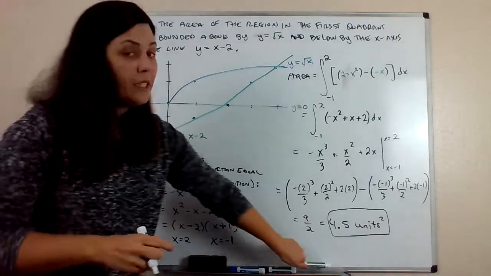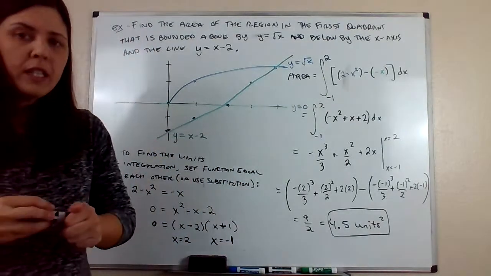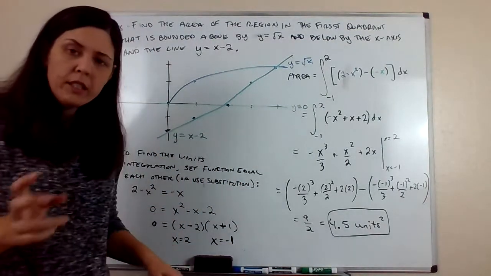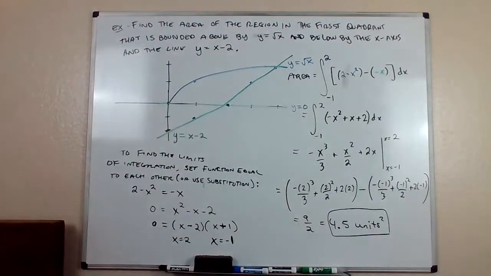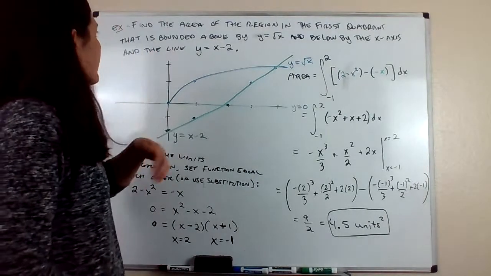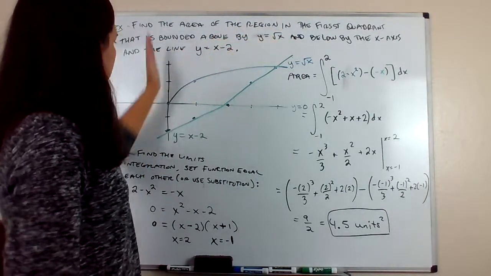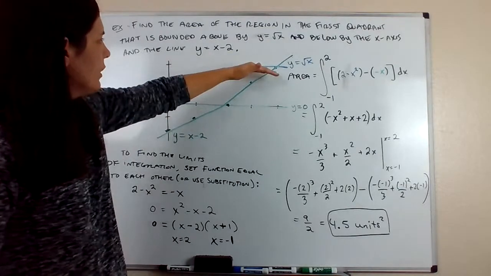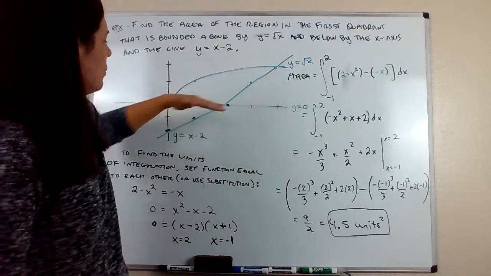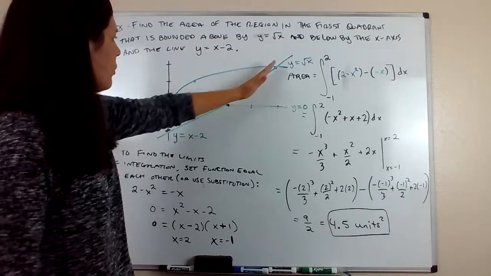All right, so let's fill in the actual region that we're integrating so that you can see the enclosed part where they all overlap. The region has to be in the first quadrant only, bounded above by the square root, below by the x-axis, and below by the line.